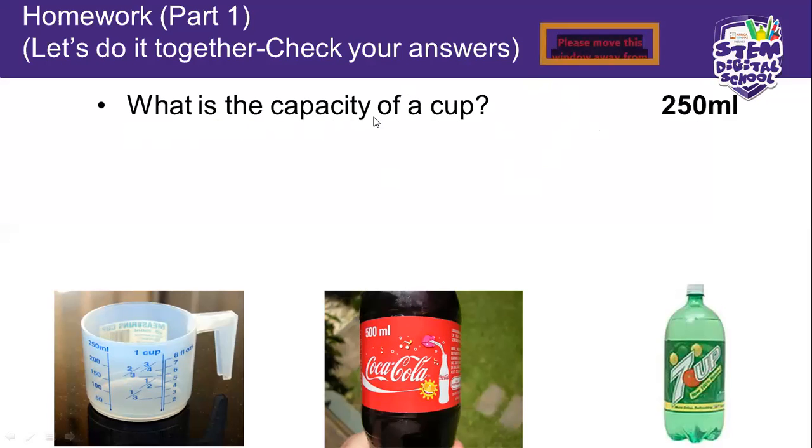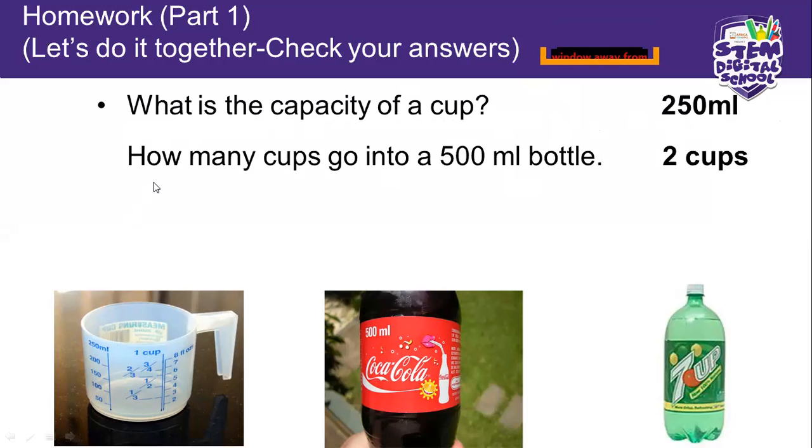What is the capacity of a cup? It is 250 milliliters. Give yourself a tick there. We have 1 cup, 250 milliliters. How many cups go into a 500 milliliter bottle? That's correct, 2 cups.